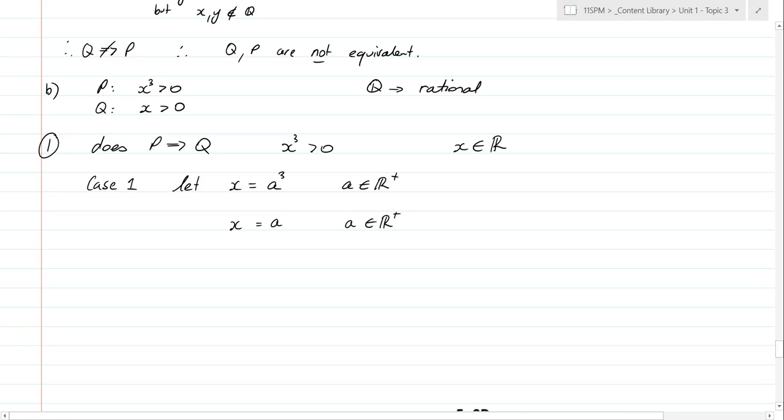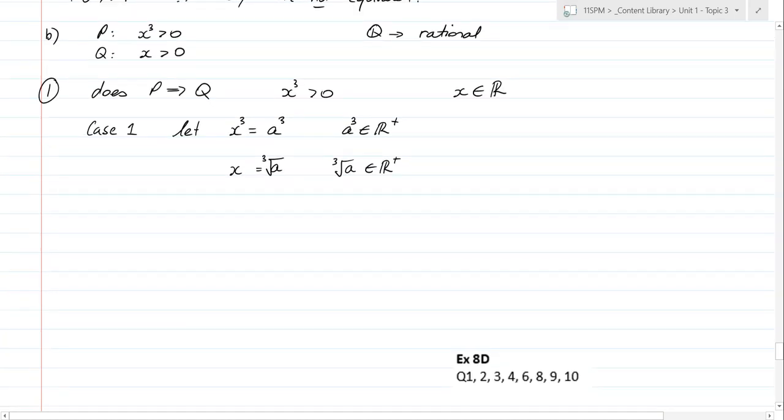Let x cubed equal a cubed such that a cubed is positive, then x is equal to the cube root of a, and the cube root of a positive is also positive. So we've got that statement. We know that if we cube root a positive number, we get a positive.